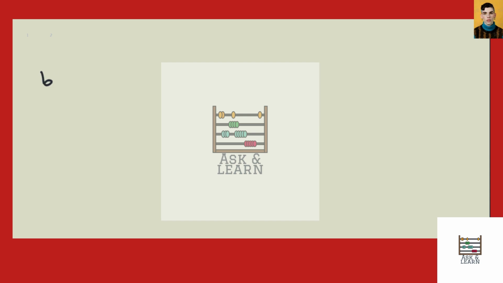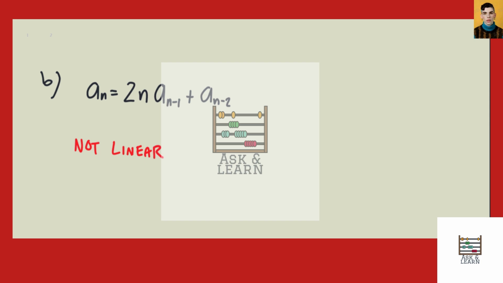Okay, so for B, we're given that a_n is equal to 2n times a_{n-1} plus a_{n-2}. So in this case, it is not linear. And this is due to this n being multiplied on the a_{n-1} term.